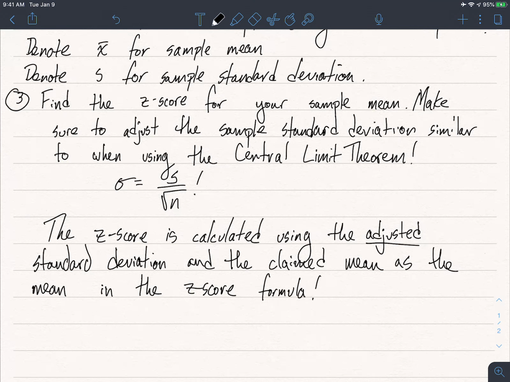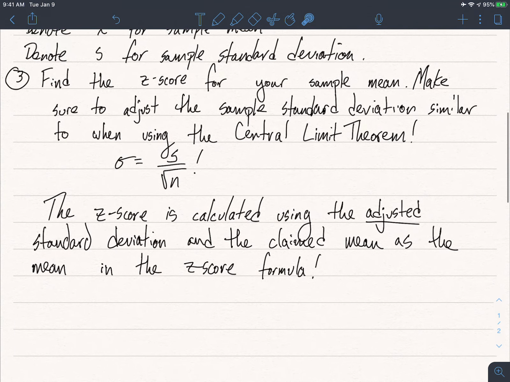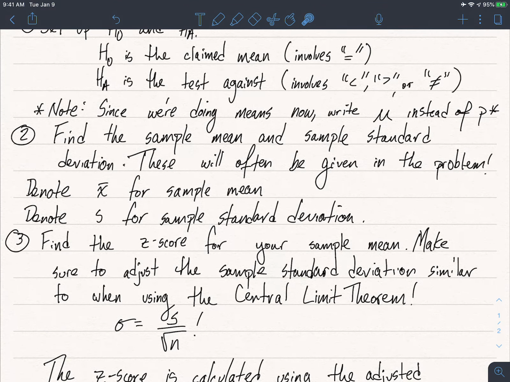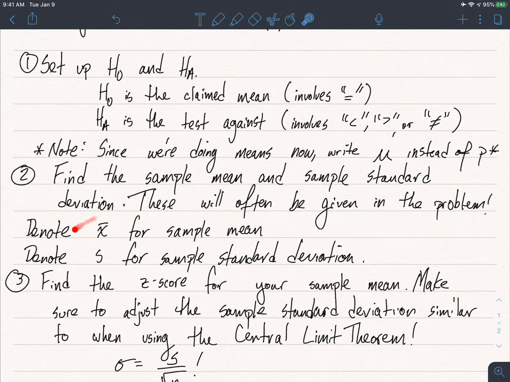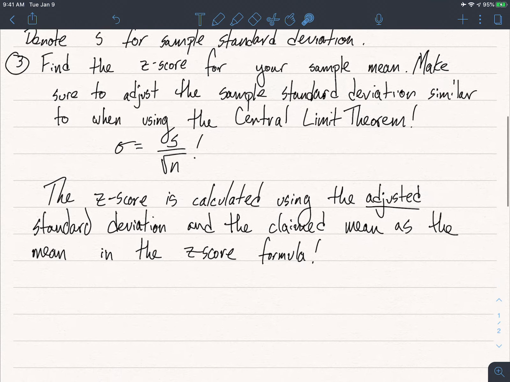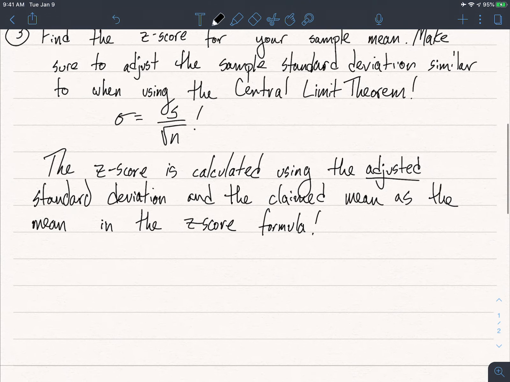So find the z-score. That was step 3 in proportions as well, where you also have to come up with a standard deviation formula. In proportions, it was square root of pq over n. With means, you adjust your sample standard deviation by dividing by square root n, and then you calculate your z-score, your value minus the mean over standard deviation. The only thing here is our value is a mean, and the claim is also a type of mean. So our value is our sample mean, and the mean in our formula we'll use is the claimed one. Just like with proportions, you use the claim in the z-score formula where the mean normally would go.